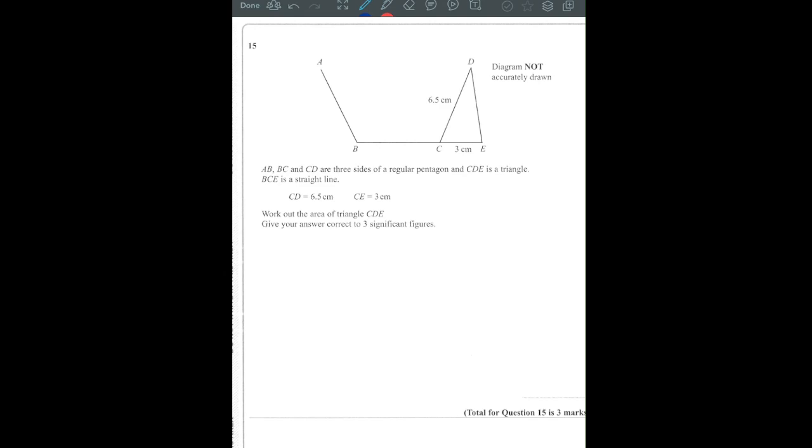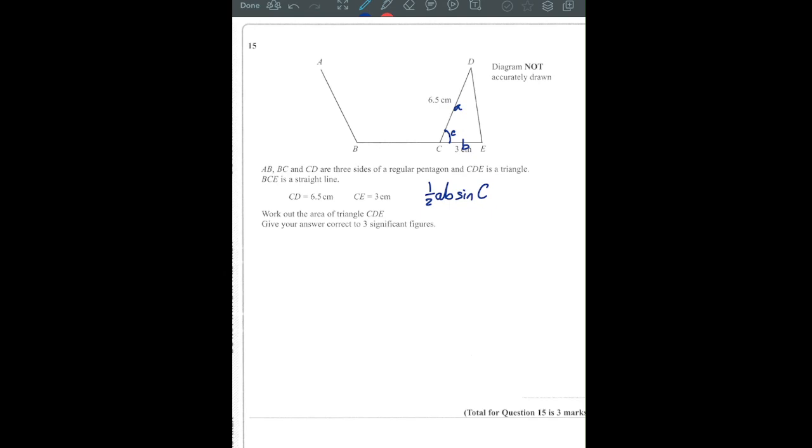We either have half base times height, but I don't have the height of this triangle, or we have half AB sine C. Well, it looks like I have an A and a B, but I don't have the angle at C. And this is where the pentagon is going to come in.